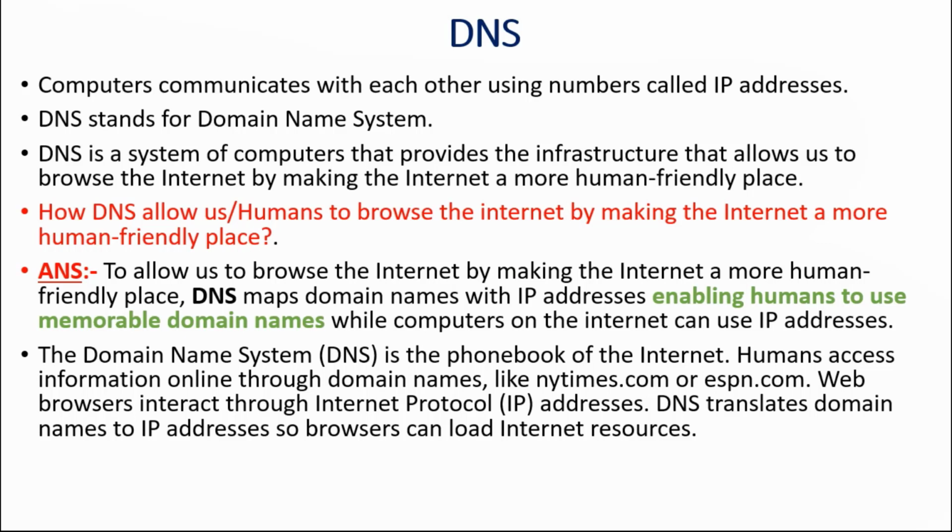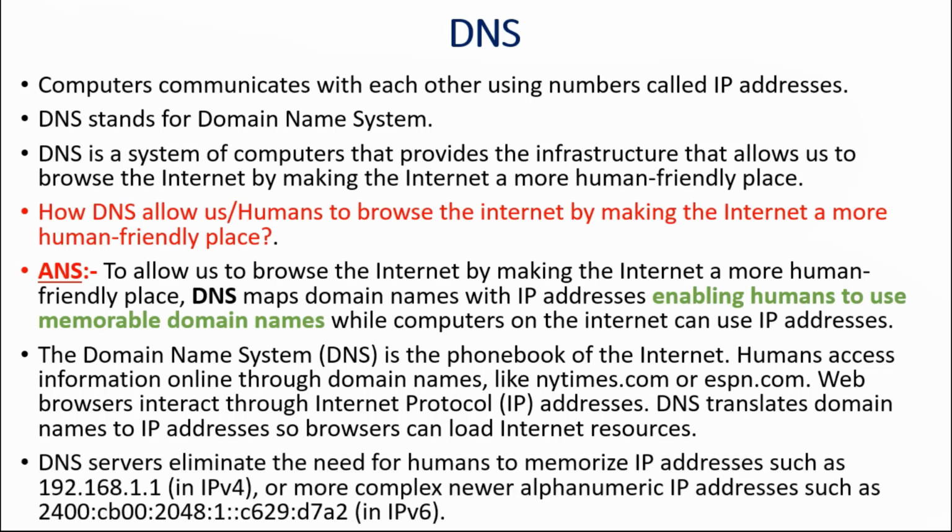Humans can access information online through domain names like nytimes.com or espn.com. Web browsers interact through internet protocol addresses, IP addresses. DNS translates domain names to IP addresses so browsers can load internet resources.